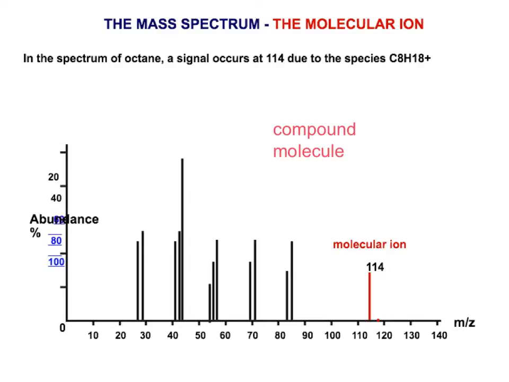I'm just going to clarify the difference between the definitions of a compound and a molecule. A molecule is two or more atoms covalently bonded together. For example, hydrogen is a molecule because you've got two or more atoms, they're the same, but they're covalently bonded. Water is another molecule.